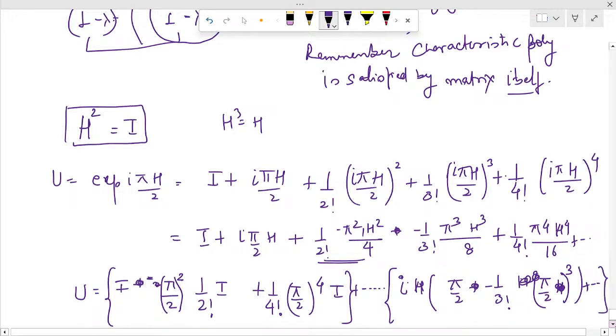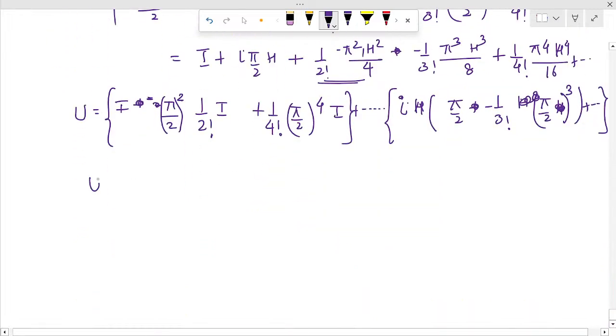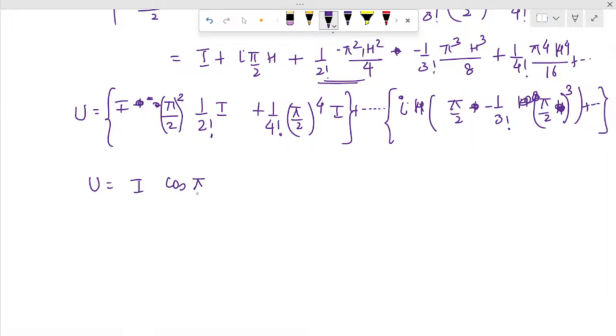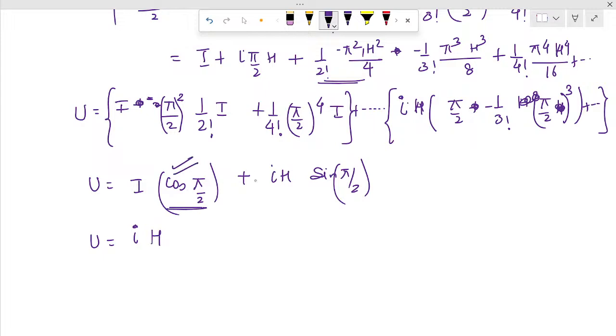Now just think about this particular expansion. Don't you think, if I take identity common, this is equal to cos of pi by 2? And if I take iota h common out from here, isn't it equal to sine pi by 2? So what I am going to get is u equal to simply iota h, because cos pi by 2 is 0. Forget about it, you will get iota h.